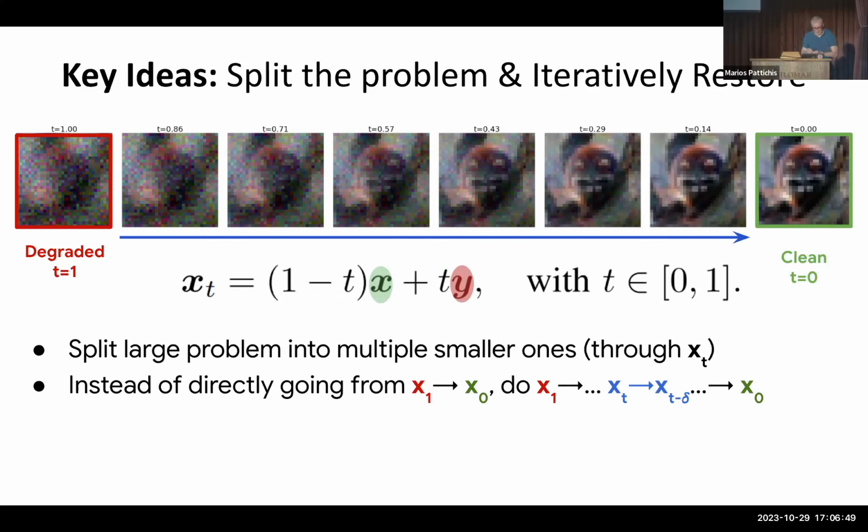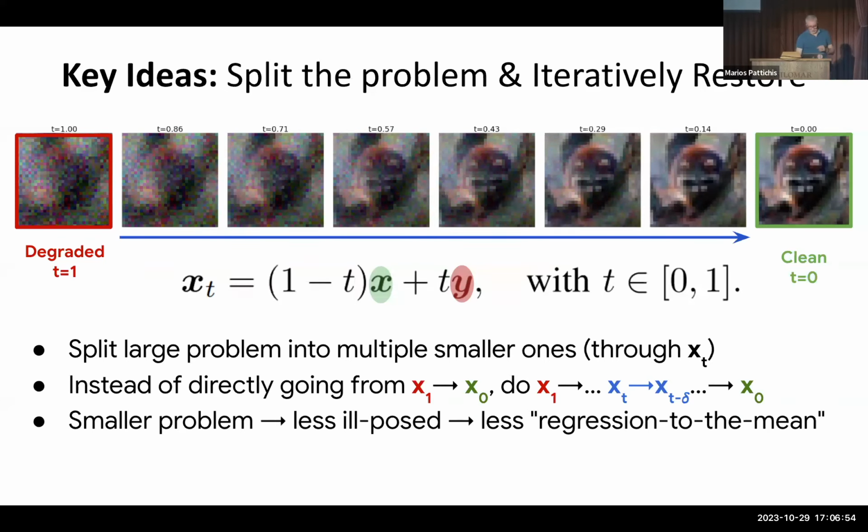Instead of going directly from input to output, we do it in tiny bits. Imagine solving a problem where you have a little bit of blur that you want to deblur versus a lot of blur. So we take a blurry image and deblur it a little bit, and then a little bit more, and a little bit more, and so on and so forth.